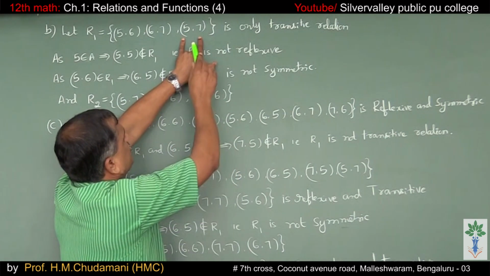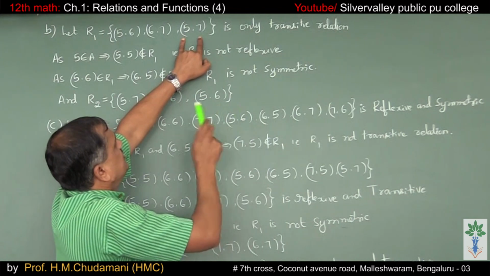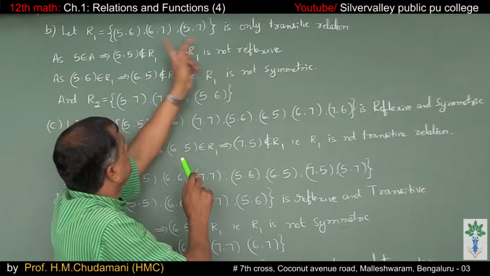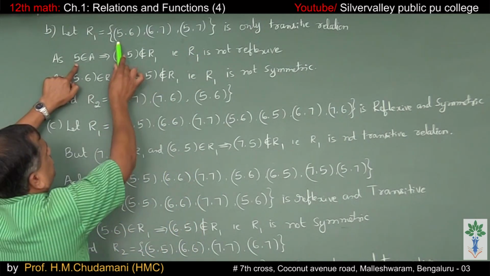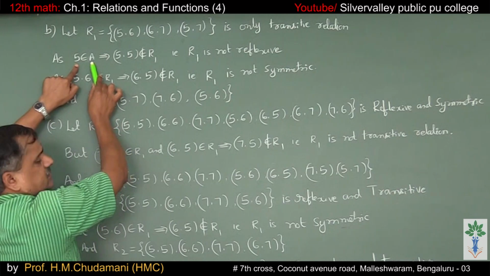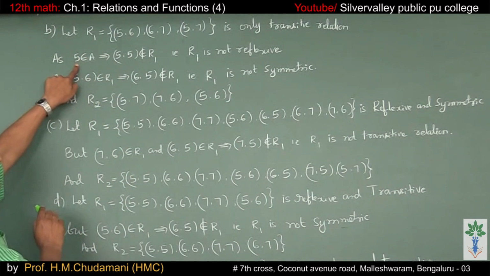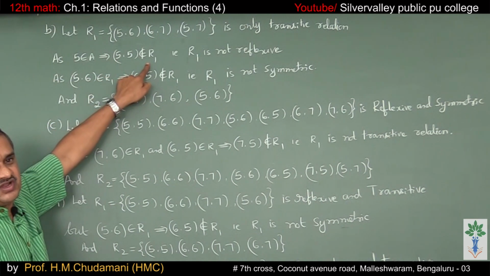Come to this one, 5 comma 7 along with 5 comma 7, you can't take 5 comma 6, you can't take 6 comma 7. That means it is transitive for all the ordered pairs. But the element 5 belongs to the set A. This implies 5 comma 5 does not belong to the relation.